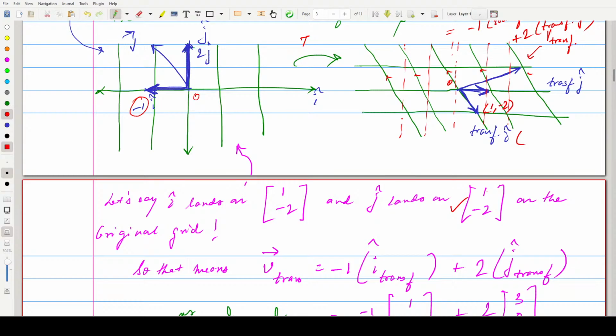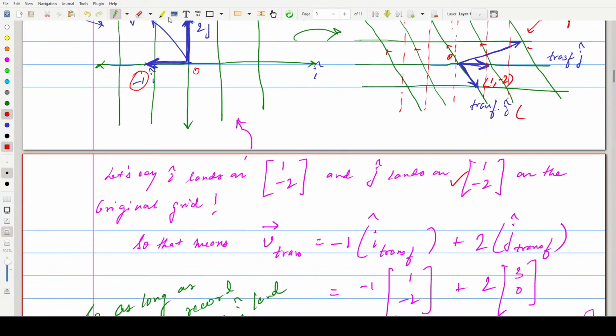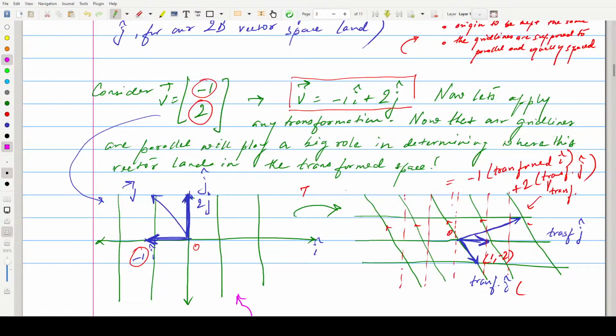Okay, Turbasu, can I ask something? Yeah, absolutely. Can you go a little bit up on the page, over the drawings? You said the grid lines are supposed to be parallel and equally spaced. Does this mean we should keep the angle between i and j the same?